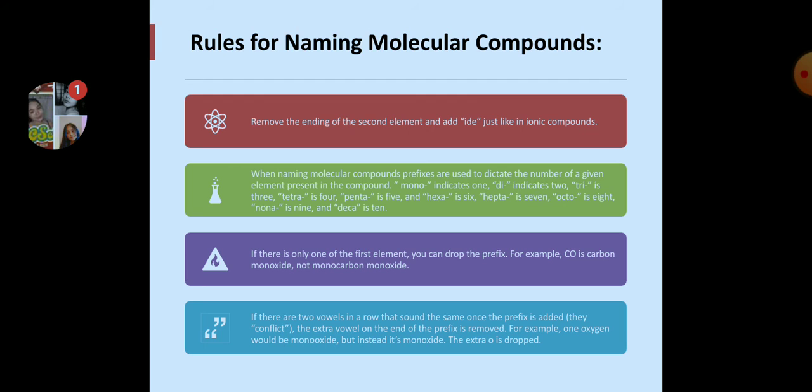But since our first element is carbon and it has no subscript, we don't put a prefix. But if it's not one, meaning if it's C2O, it's a different story. Okay? We will add a prefix. So it's dicarbon oxide.